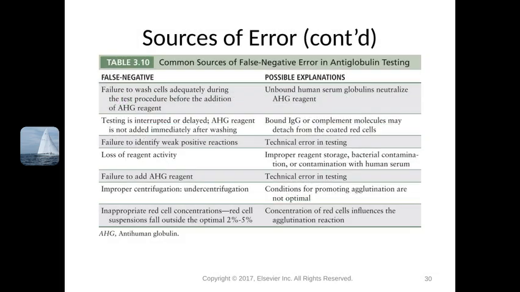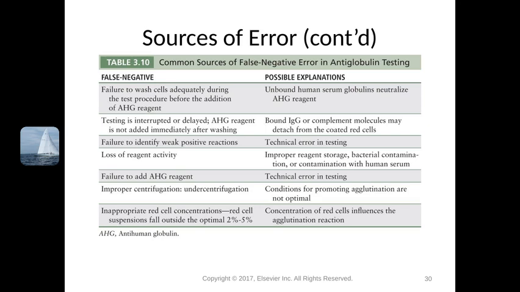Other things: we don't wash right, or we don't do the test right away, or we don't identify a weak positive reaction, or the reagent is getting older or hasn't been stored well or is contaminated. Or we didn't add our anti-human globulin reagent. That's why we use check cells, to make sure that we do.